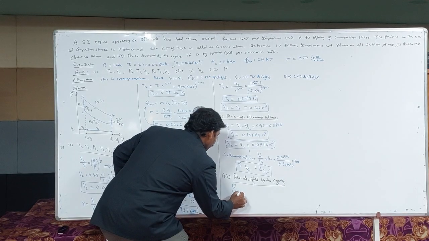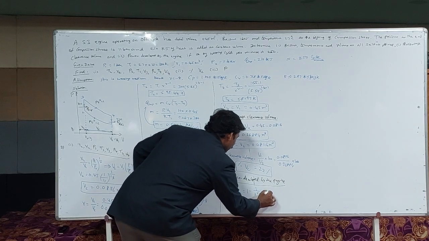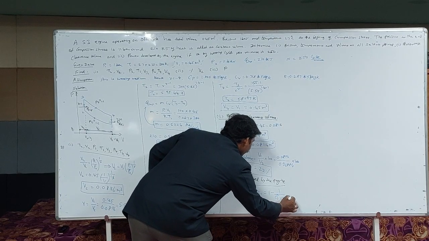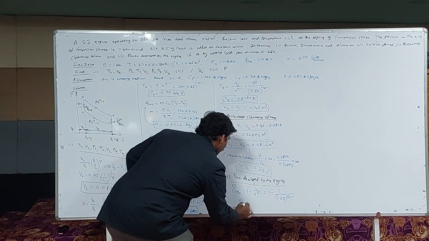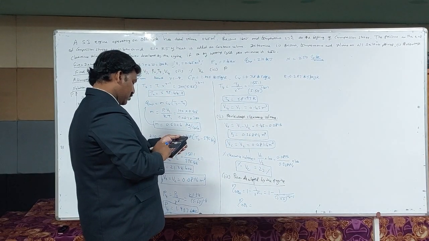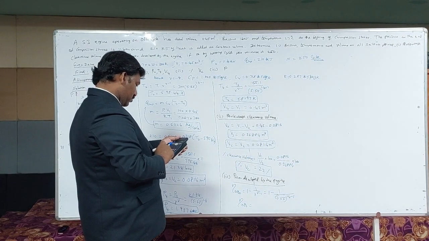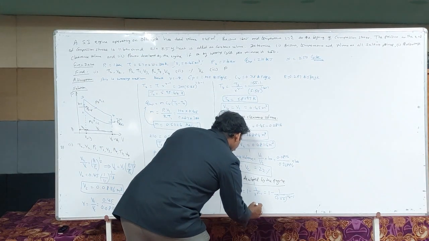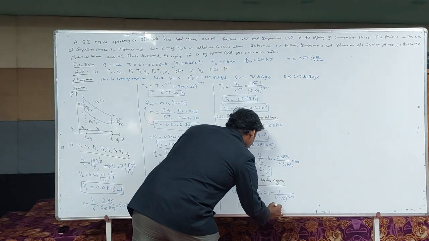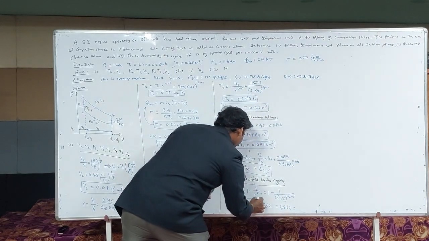Efficiency of an Otto cycle is equal to 1 minus 1 by r power gamma minus 1, that is equal to 1 minus 1 by 5.55 power 1.4 minus 1. So from this I can find the efficiency of the Otto cycle. So the efficiency is 0.496162, that is equal to 49.62 percentage. So this is the efficiency of the Otto cycle.